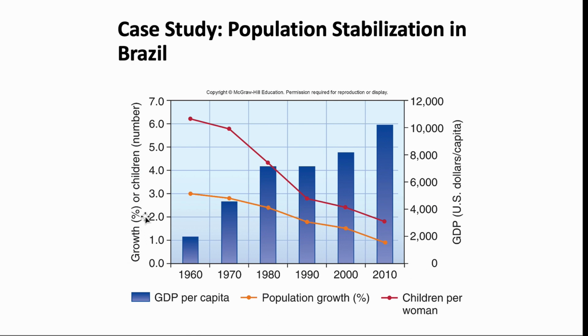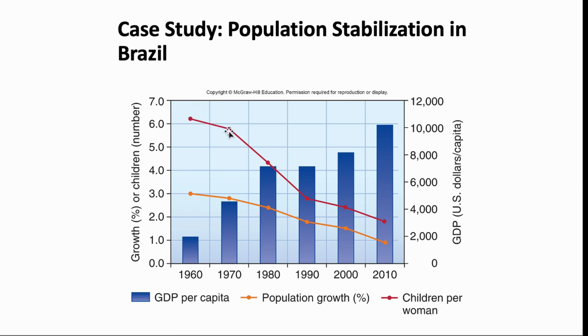So we looked at a figure with two x-axes, and because there's a lot going on, it's important for us to actually understand what information goes with what axes. So the growth percentage or number of children are these two lines, right?